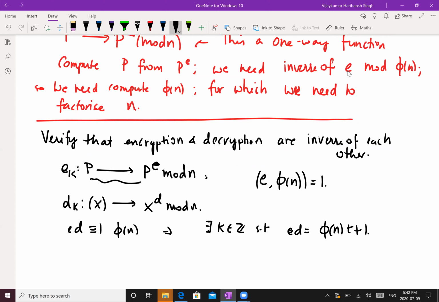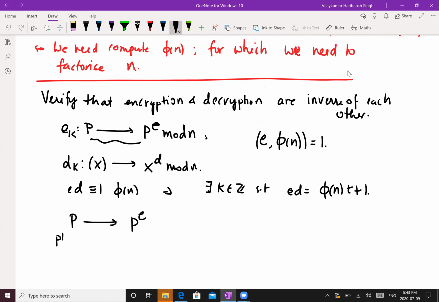Now suppose you have a message p, which is the plain text, and we compute p to the power e.